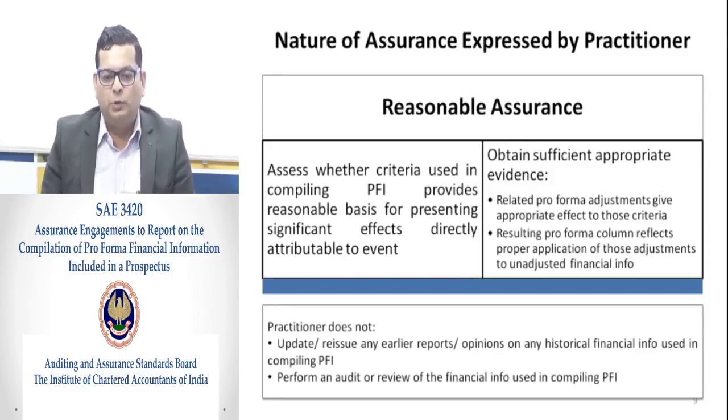To be able to do that, we are required to obtain sufficient appropriate evidence both for the underlying information and for the proforma adjustments. When we are issuing a report on proforma financial information, generally the objective is not to reissue an opinion on the underlying financial information or to update the report issued on the underlying unadjusted financial information.